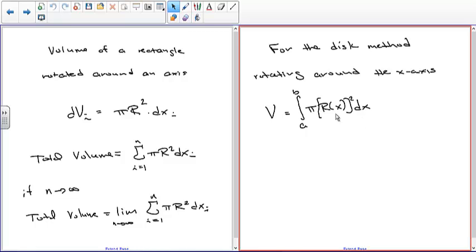So instead of the integral of f of x dx, it's going to be the integral of pi times this radius function squared times dx.